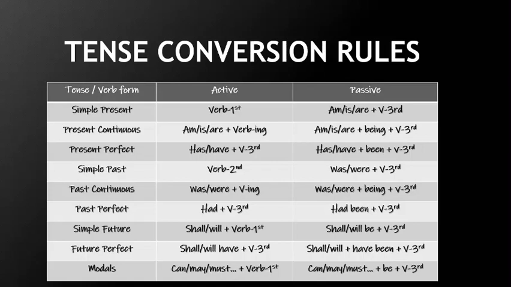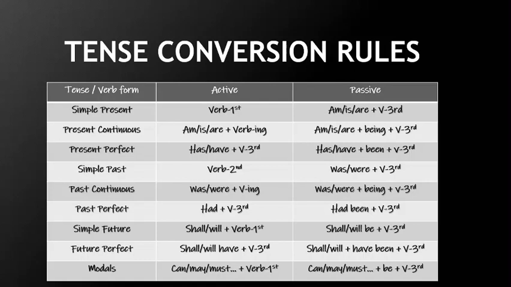Because you see, be verb is used in the passive voice. So continuous tense, shall be doing this, cannot have any passive form. So shall or will with the first form of the verb take be in between, just as the future perfect tense takes been with the have, and then the third form of the verb.